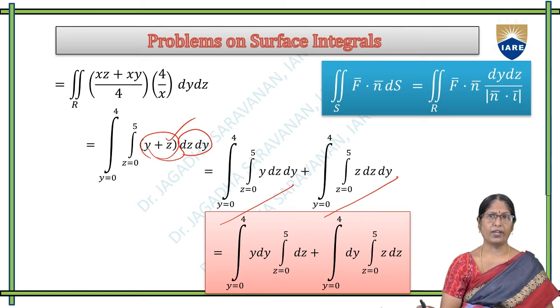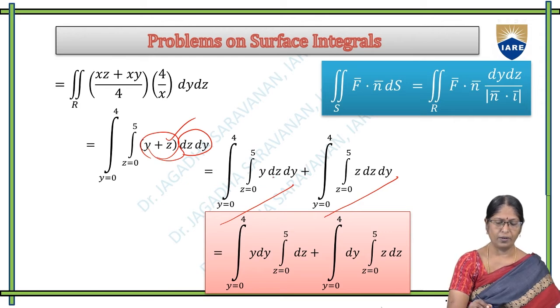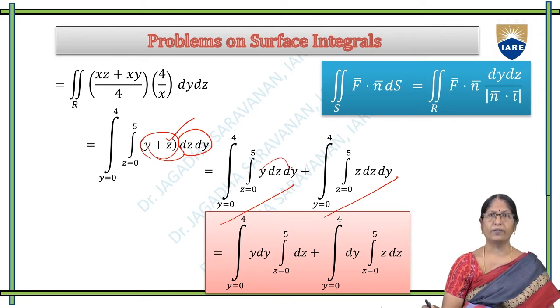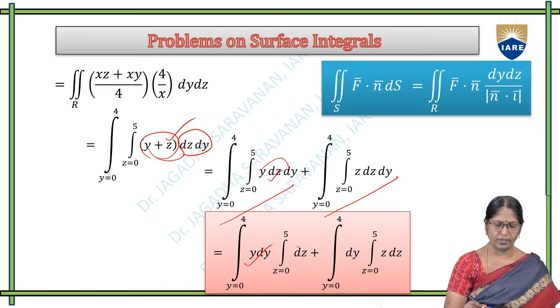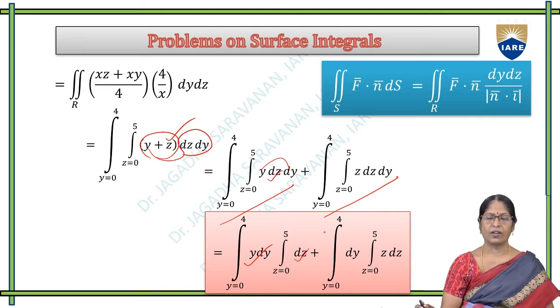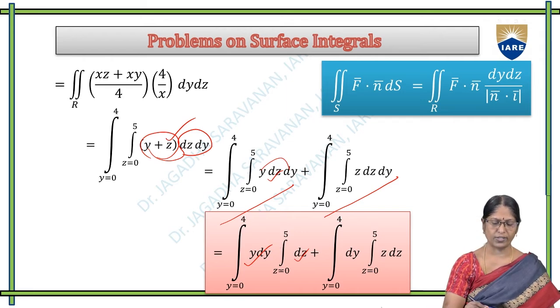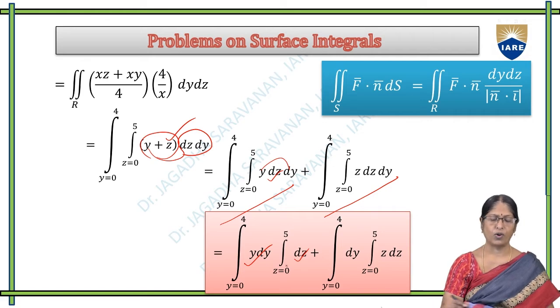The next step is to do the integration. Here we have y dy dz, and the range limits of the integrals are 0 to 5 for z and 0 to 4 for y.